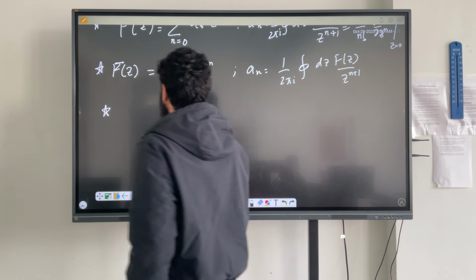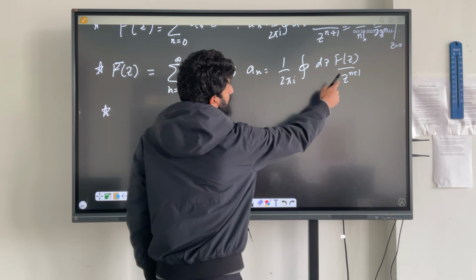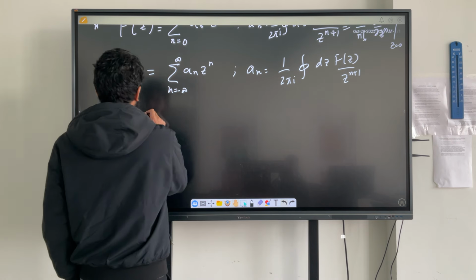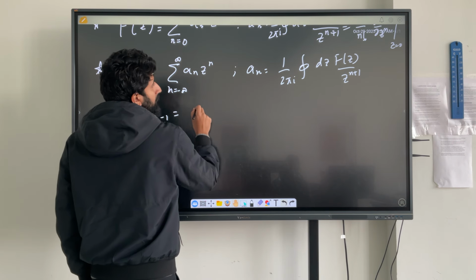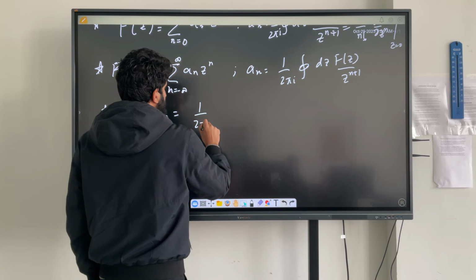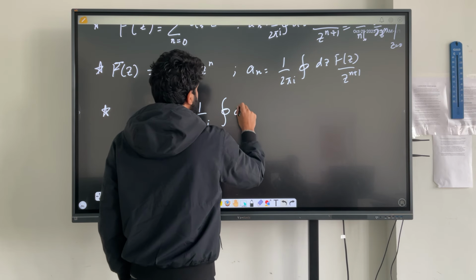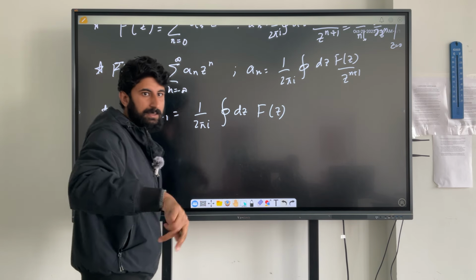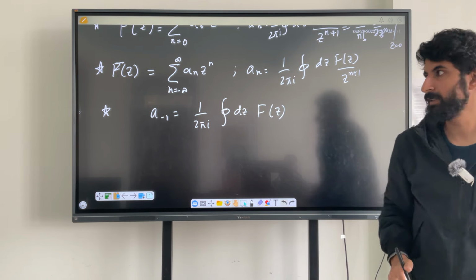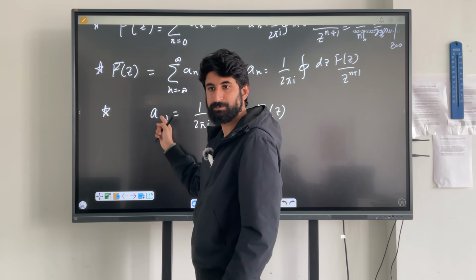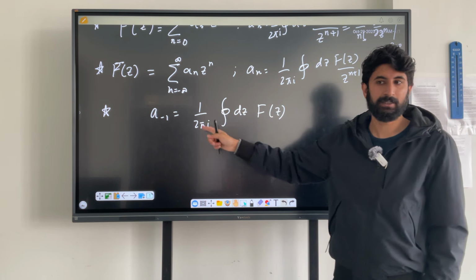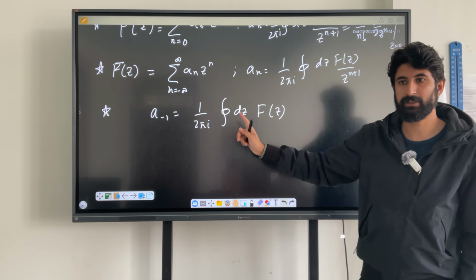So if you substitute n as minus 1 here, you will get a minus 1, which is just directly 1 by 2 pi i integral dz f of z. So the integral of the function around this isolated singularity is nothing but the a minus 1 coefficient. That's why we gave it a special name. We called it the residue of the function.